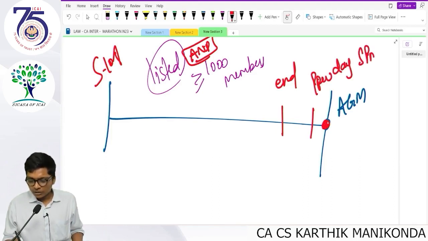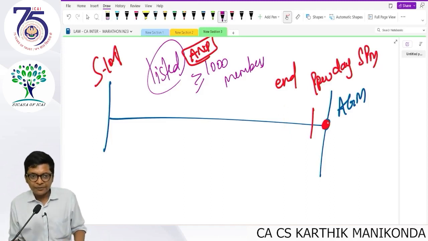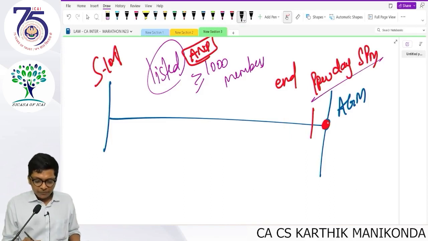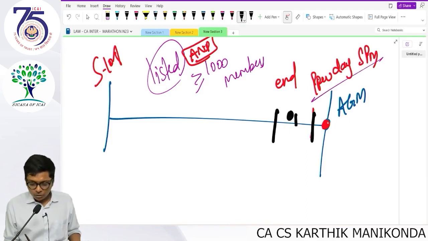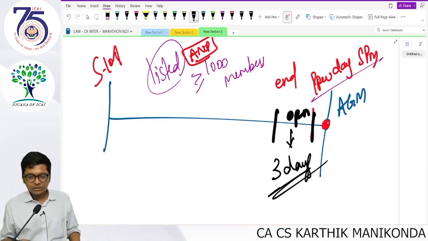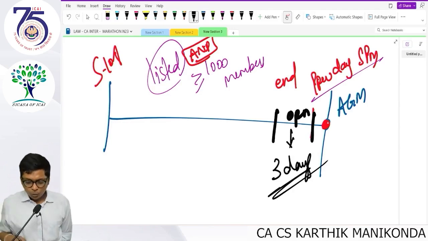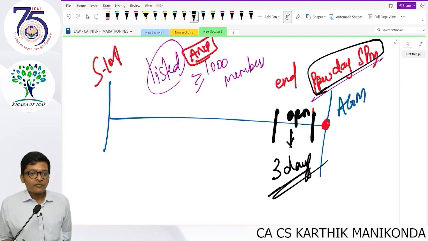MCQ question, 5 p.m. Voting can start any day before that, but the voting should end the previous day, 5 p.m., and the voting should be kept open for at least 3 days. Voting will end the previous day, 5 p.m.